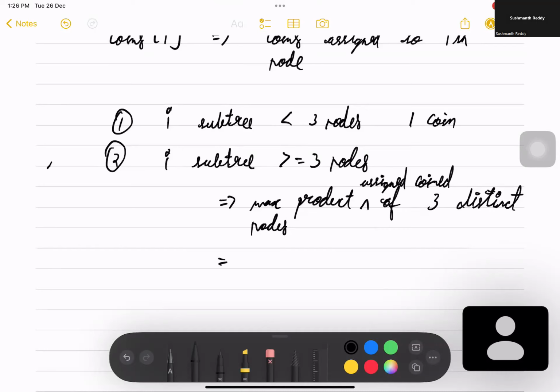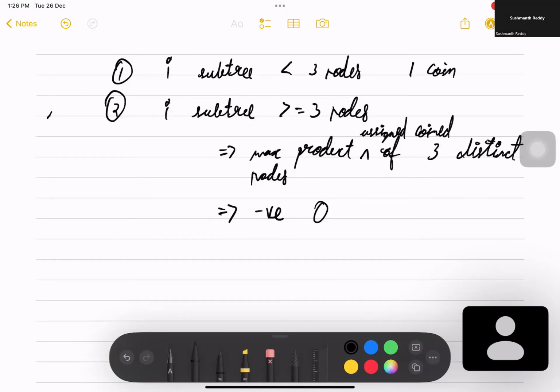If this value is negative, then put 0. So these are the conditions. We should say how many coins are placed on each and every node.